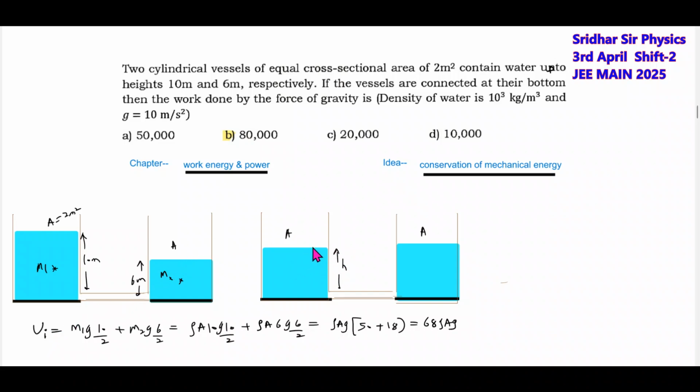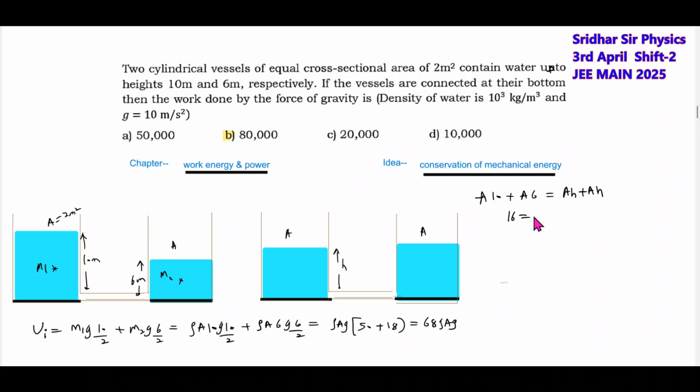Finally, the liquid will attain the level H. The volume should be conserved, no? The mass should be conserved. What was the earlier mass? The same mass it should be. So what was the initial volume? If you apply conservation of volume, based on that, A into 10 plus A into 6 should be equal to AH plus AH.